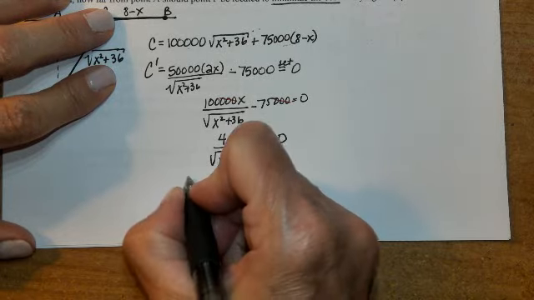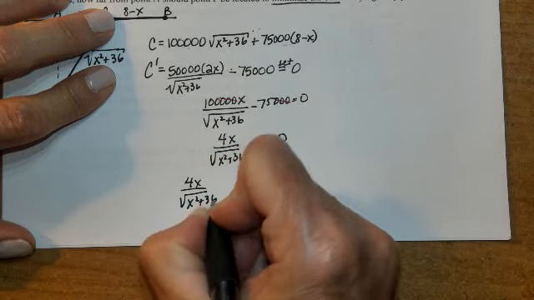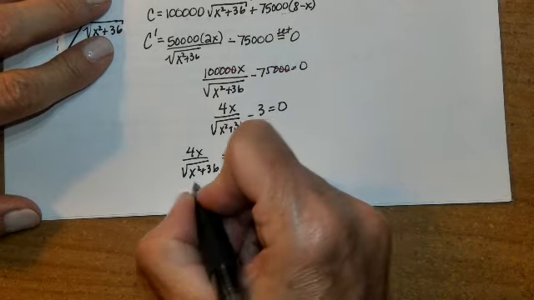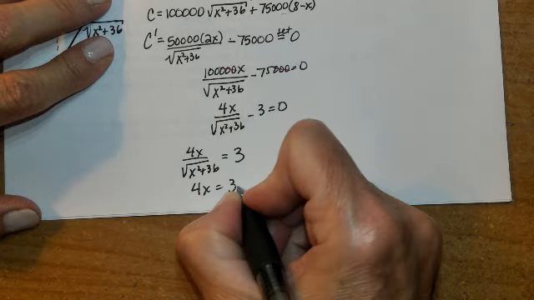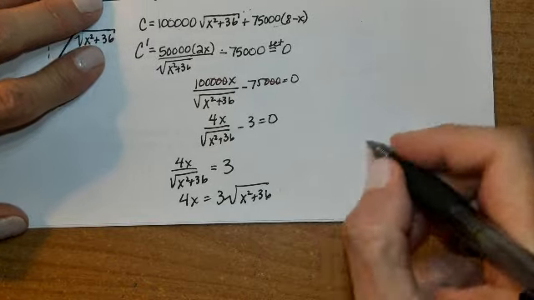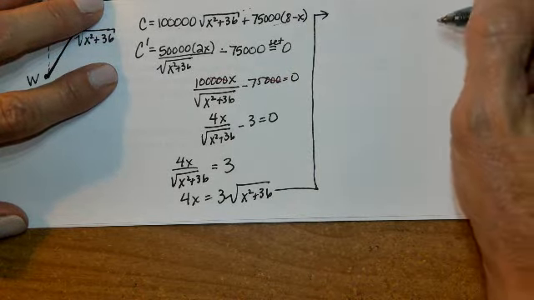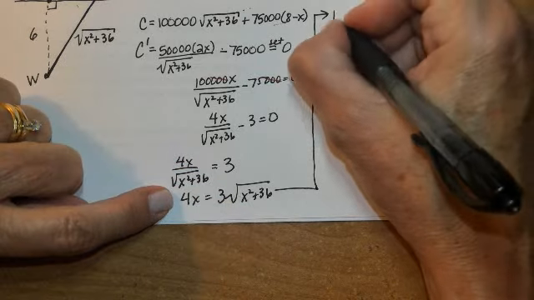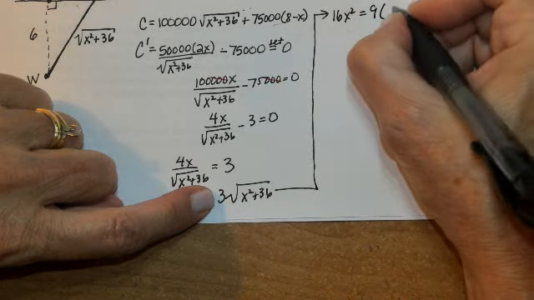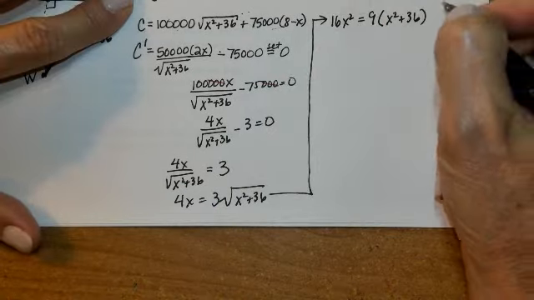Now let's go ahead and solve this for x. So 4x over square root x squared plus 36 is equal to 3, right? So 4x is equal to 3 square root x squared plus 36. And right here, I'm going to square both sides. 16x squared is equal to 9 times x squared plus 36, right?